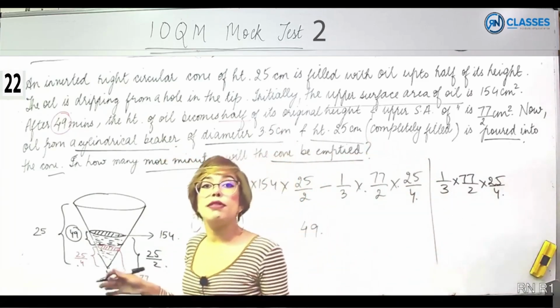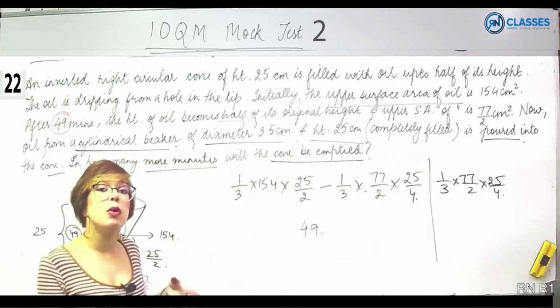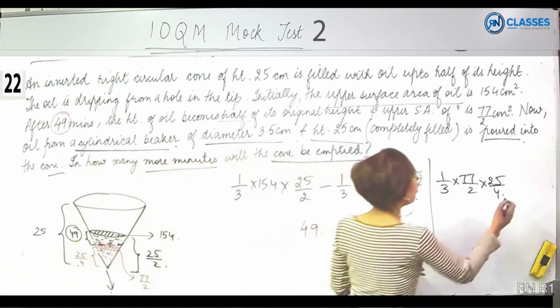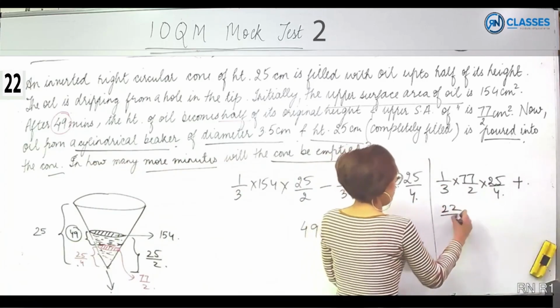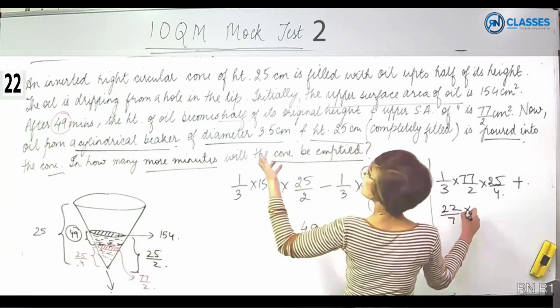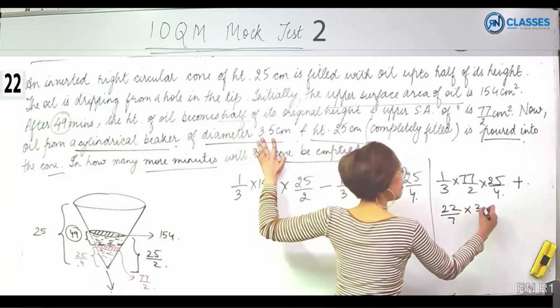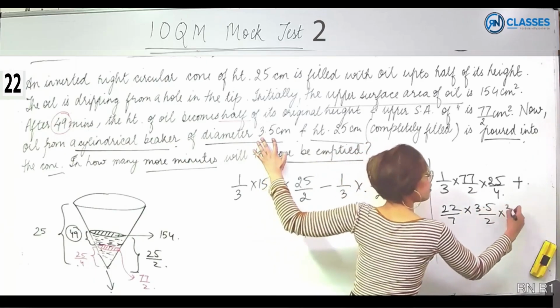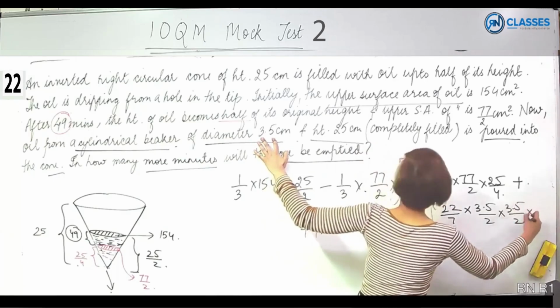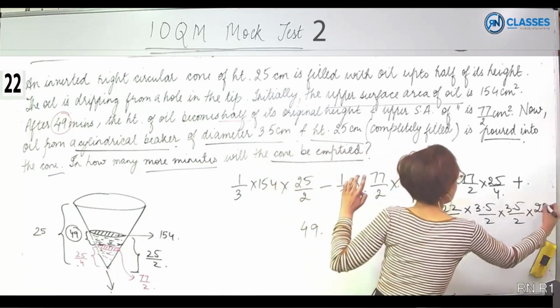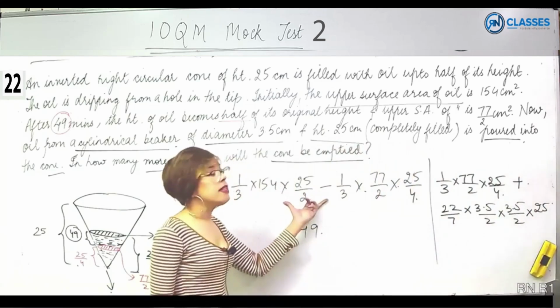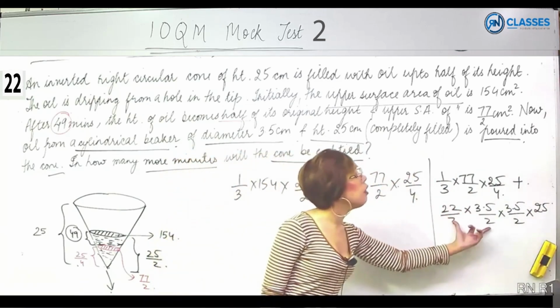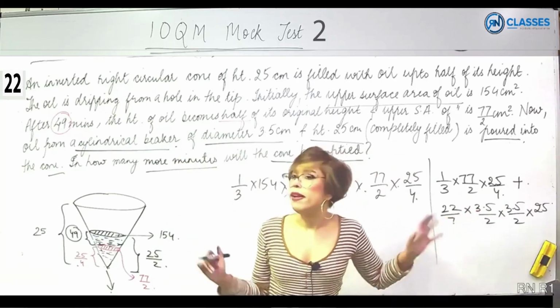Now, the volume of the oil in the cylinder would be equal to the volume of the cylinder, which is pi, 22 by 7, into r square, where the diameter is 3.5 so r is 3.5 by 2, again into height, which is 25. Right? Now, it took 49 minutes to empty out this. I need to empty out this much oil, right?